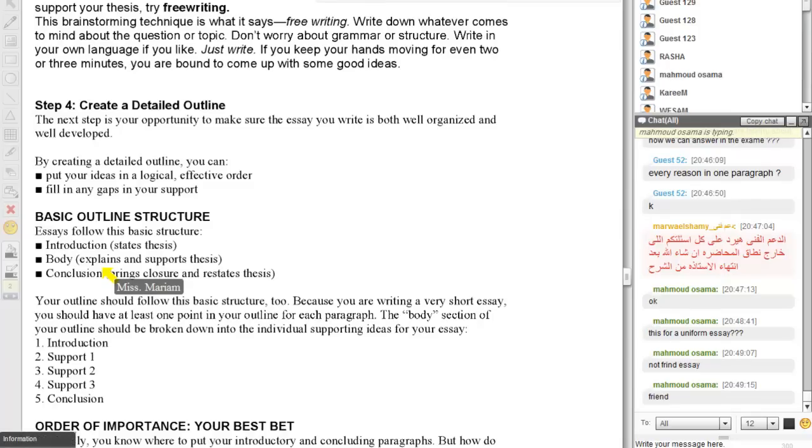You're going to state reasons or examples or details or effects or whatever, and the conclusion, to bring a closure and restate the thesis. But make sure that you don't copy your thesis. Don't you ever copy your thesis. Rephrase it to write it again in a different way, with a different vocabulary. So you have to make sure that you fulfill this part.